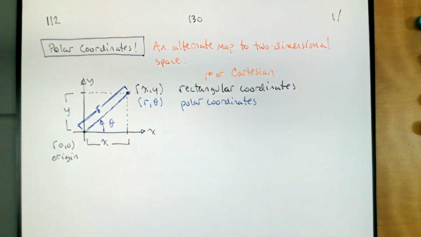So think about what the graph paper would look like for polar coordinates versus rectangular coordinates.